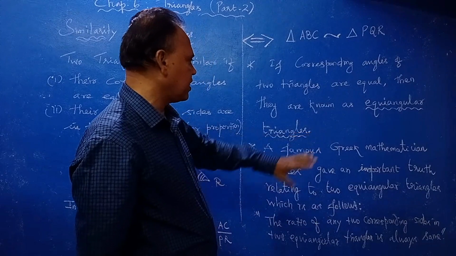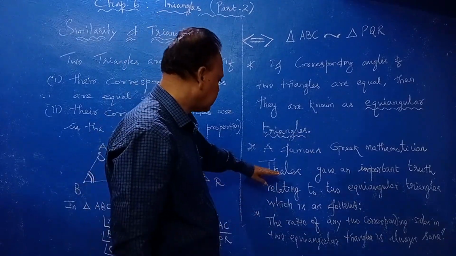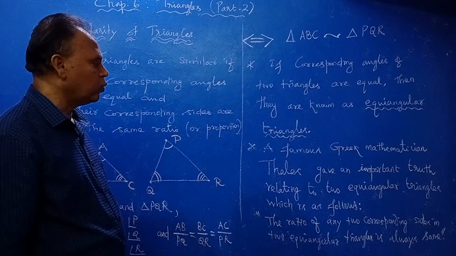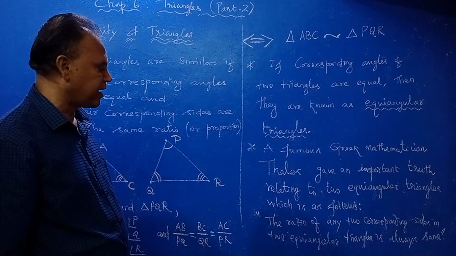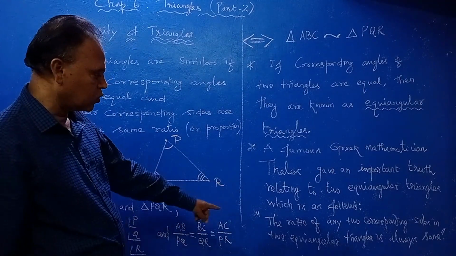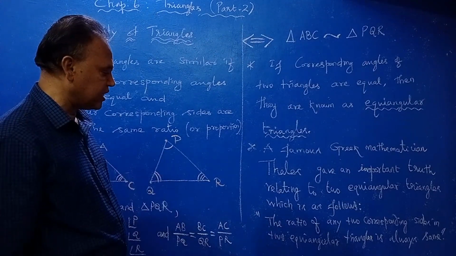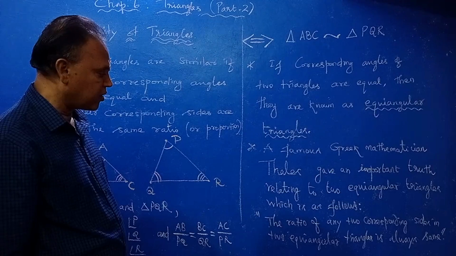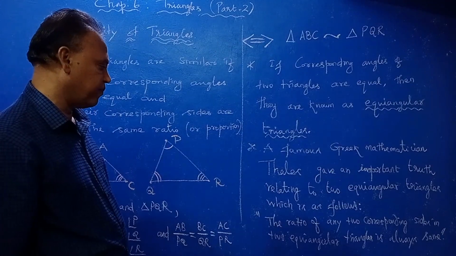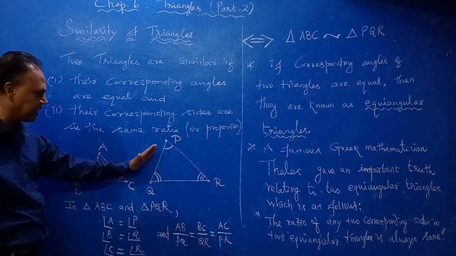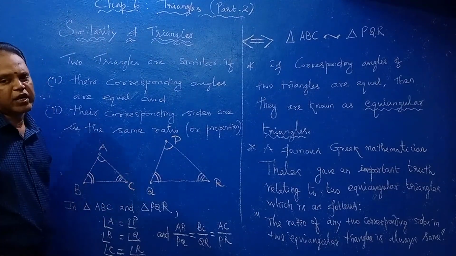Based on this, a famous Greek mathematician, Thales, gave an important truth relating to two equiangular triangles, which is as follows. The ratio of any two corresponding sides in two equiangular triangles is always the same.